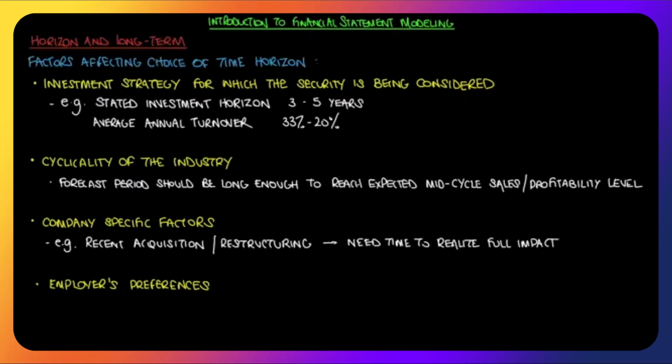If that's just occurred in the last year, 2, 3 years even, you need to give it time for the full impact of that acquisition or restructuring to be realized. Or you do what you're told. Depends on the organization you work for. Lots just have very strict criteria on this is how we forecast. This is how long we can forecast for, and you use the pro forma model.